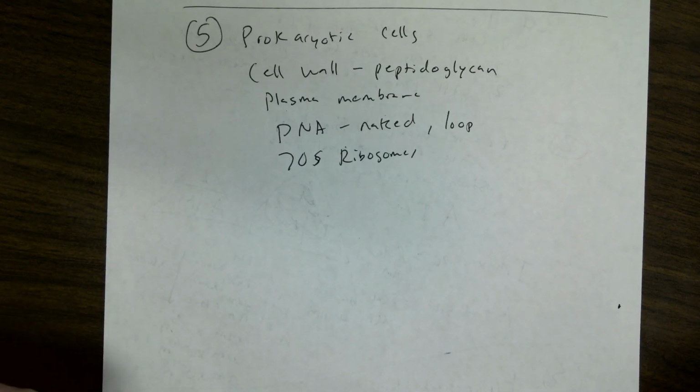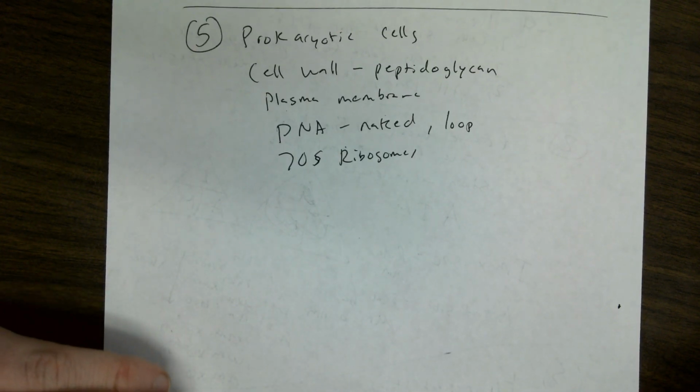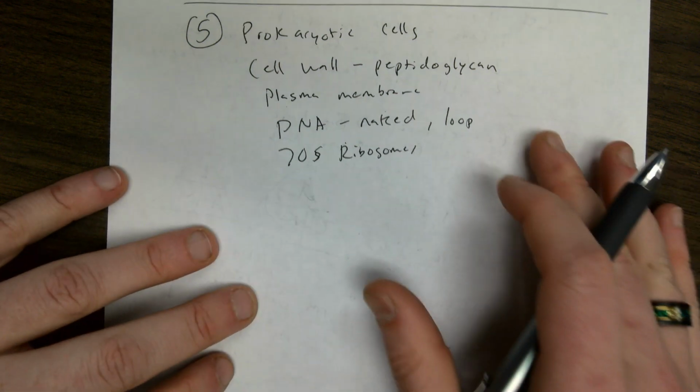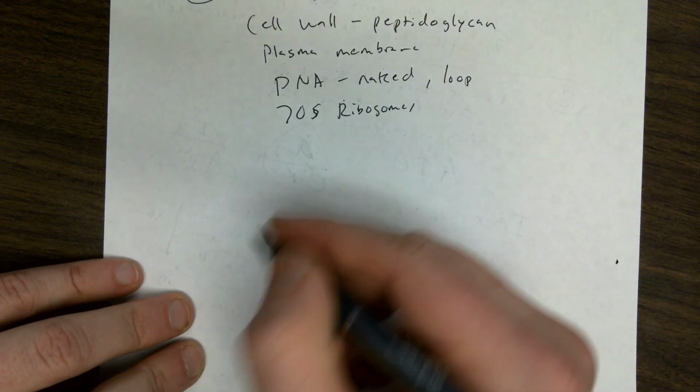These are in prokaryotes only. Those are the main things that they always have. They can have things like flagella, but they don't have to. They can have pili, but they don't have to have pili either.